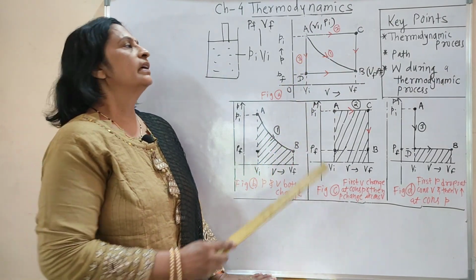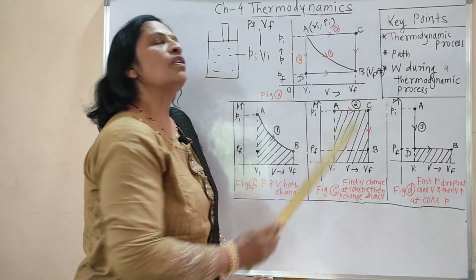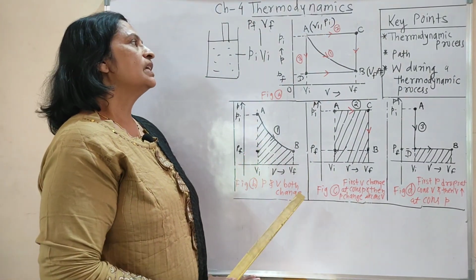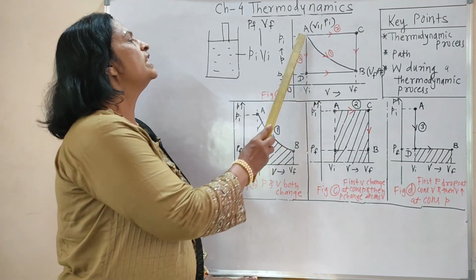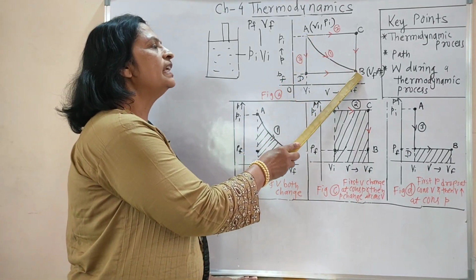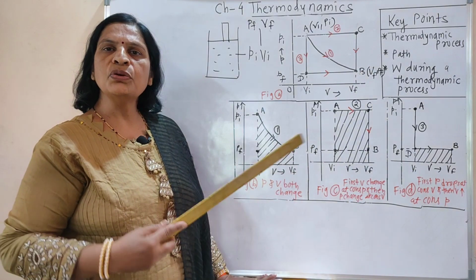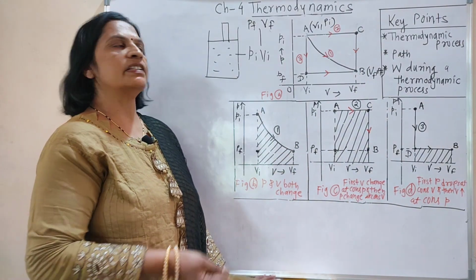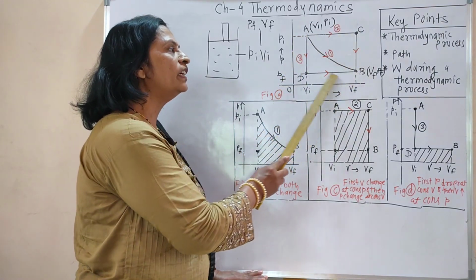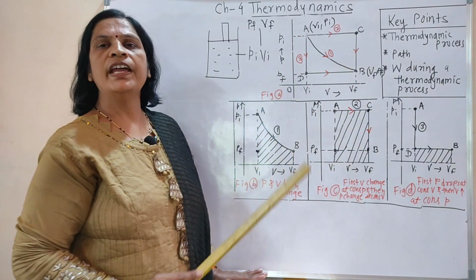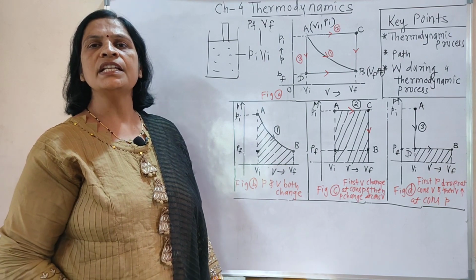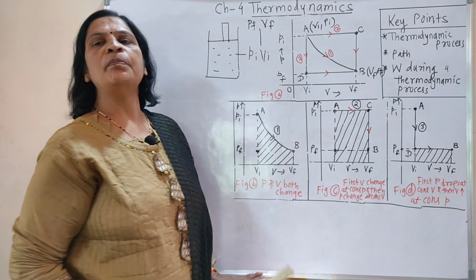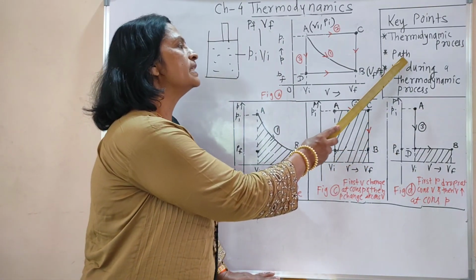And what is the definition of path? When a thermodynamic system changes from initial state to final state, it passes through a series of intermediate states, and when these intermediate states are plotted on a PV diagram, that is called a path.